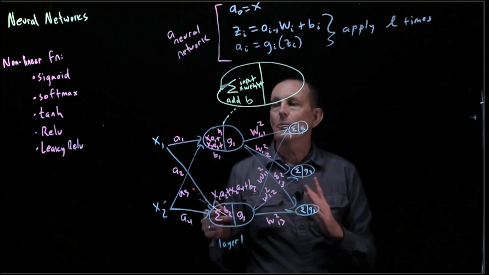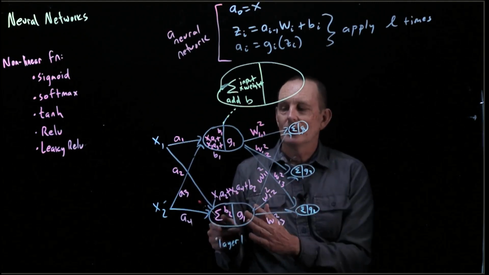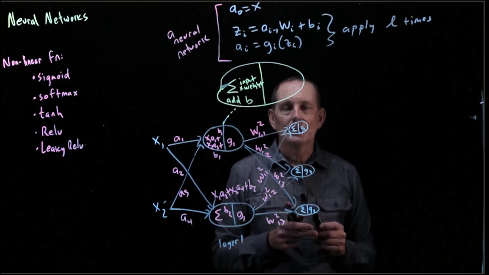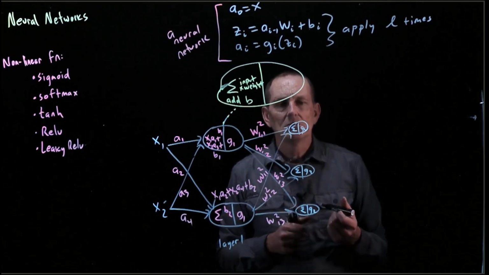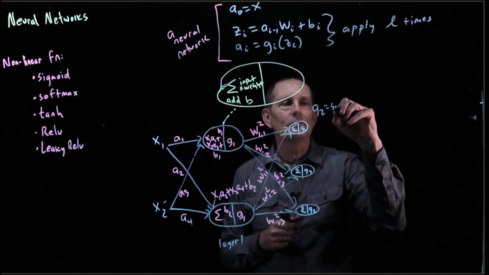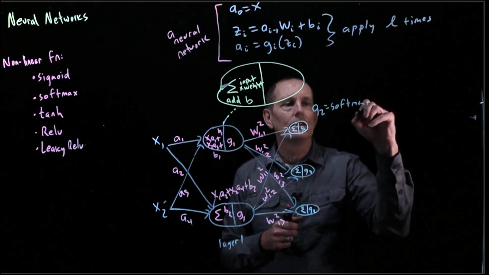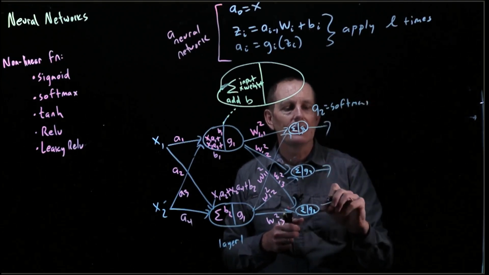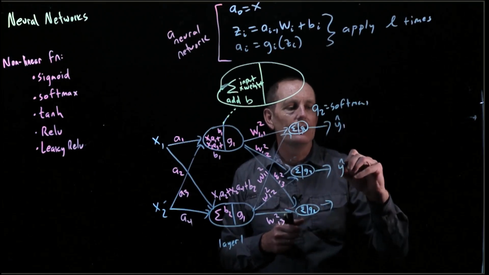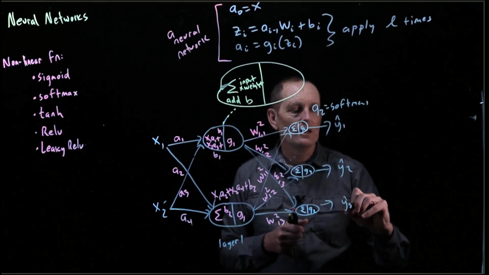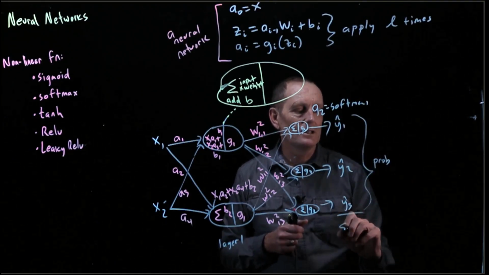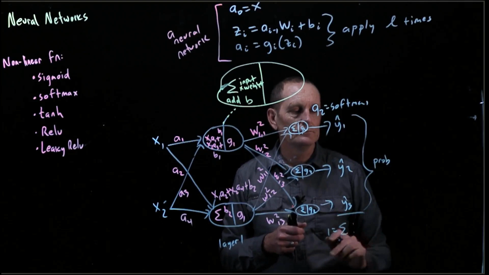And maybe this is our output, right? So we have an input layer, we have an output layer, we have no hidden layers. That, you know, could work. Maybe G2 is softmax. Right? And so what we're coming out with is our y hat 1, y hat 2, and y hat 3, and this would be probabilities that sum to 1.